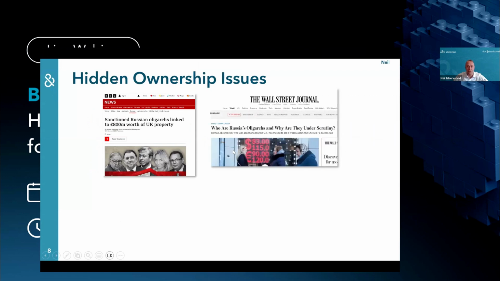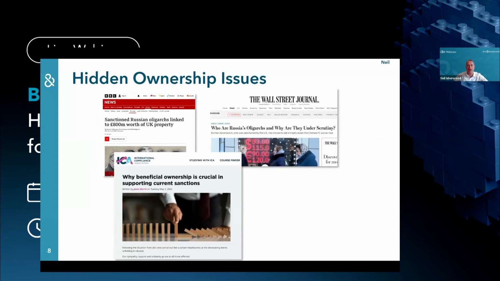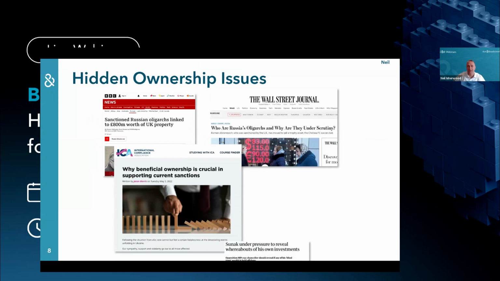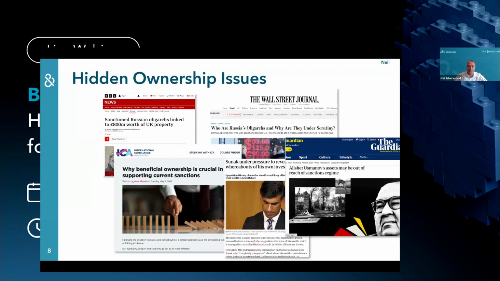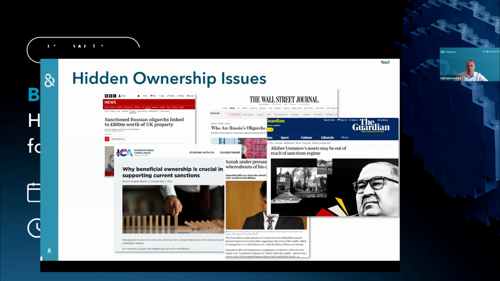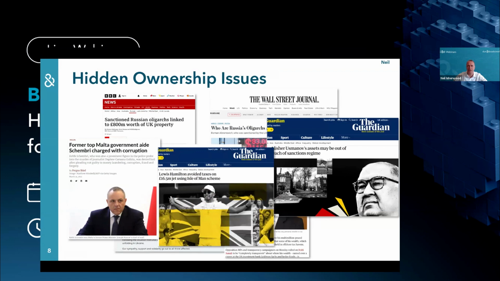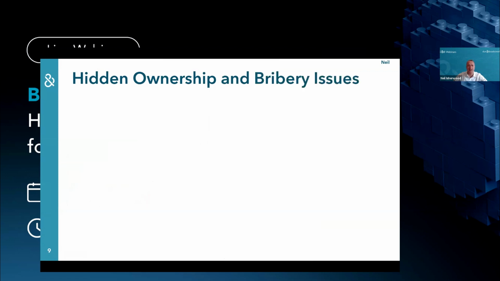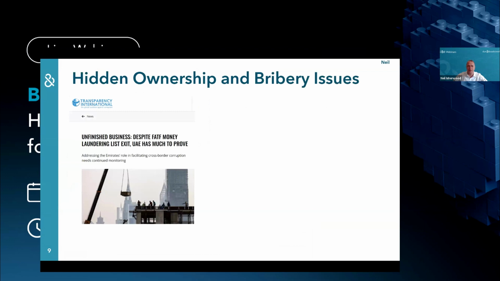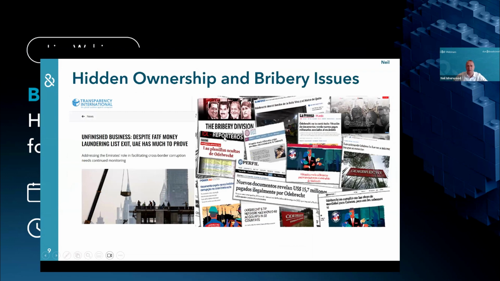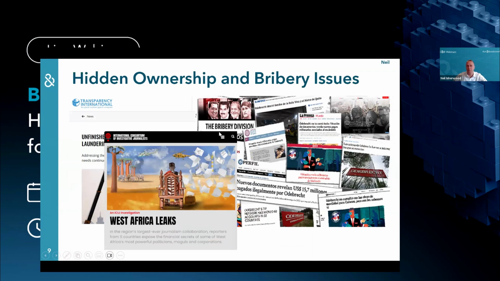Okay, so one of the areas that can enable risks, or I guess more accurately to the point, hide them, is obscured beneficial ownership. And there are numerous examples of where hidden ownership has caused or at least enabled all manner of issues, such as tax evasion, sanctions, money laundering, etc. And organizations such as the OECD, the Financial Action Task Force, Transparency International have all called out that having transparency around who owns a business is crucial to combating crime.